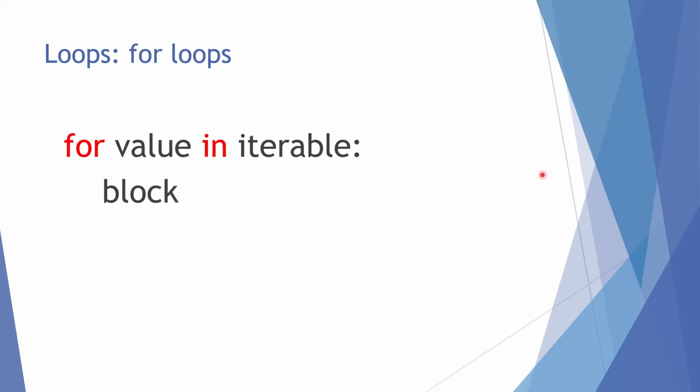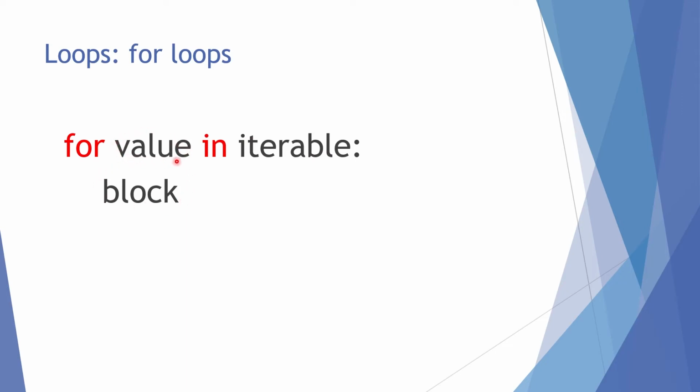Good. Next, we look at the for loop. The for loop executes a block of code repeatedly until the condition in the for statement is no longer valid. The syntax is as follows. For, we get the first value in this iterable, then we execute this block.